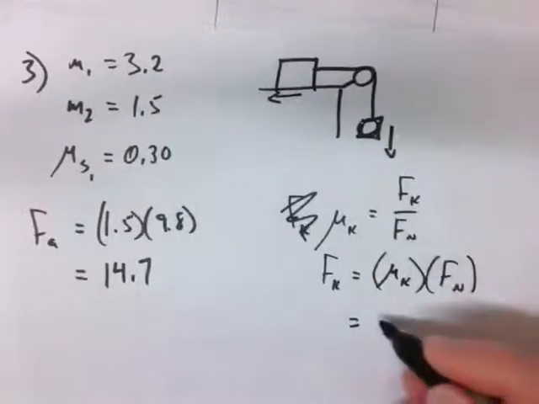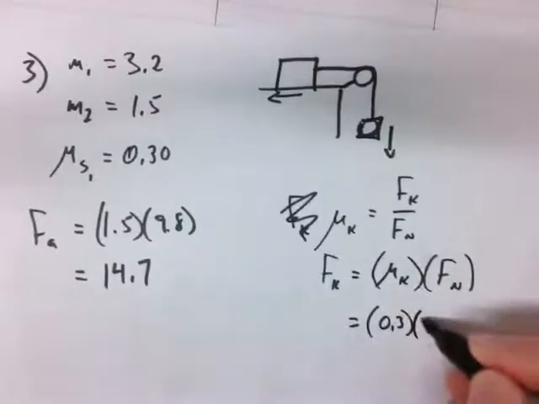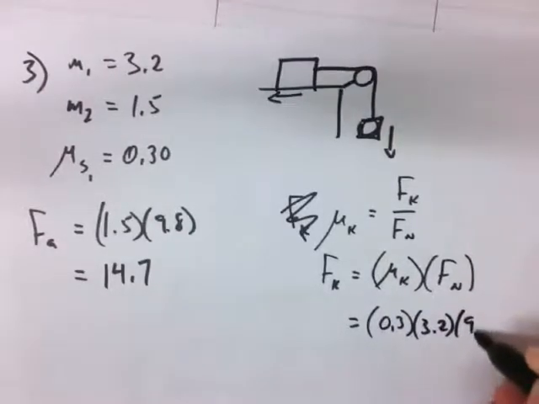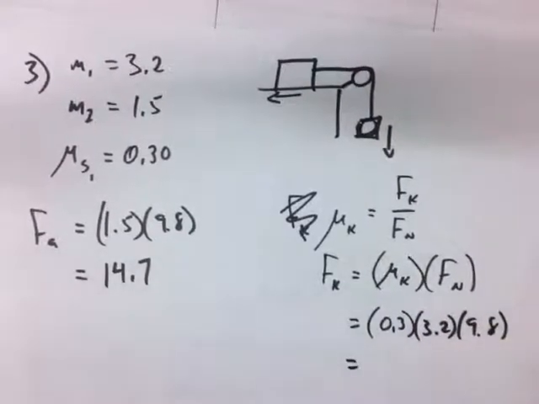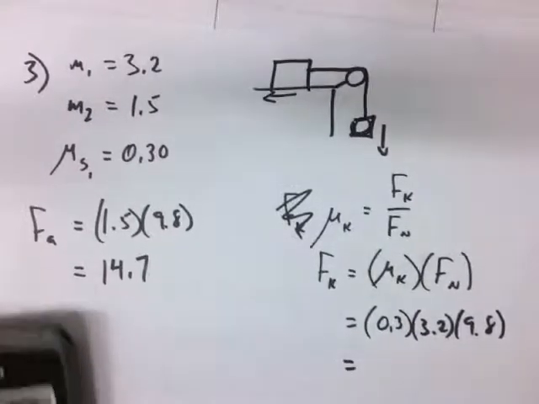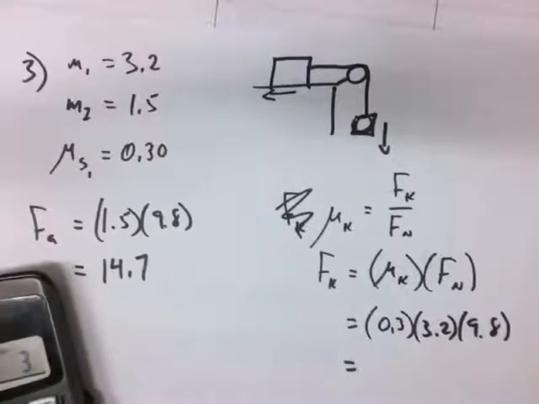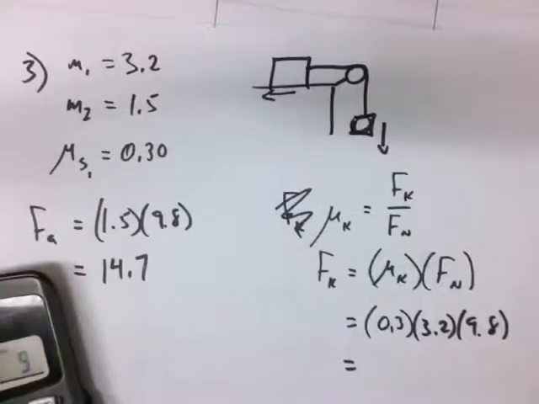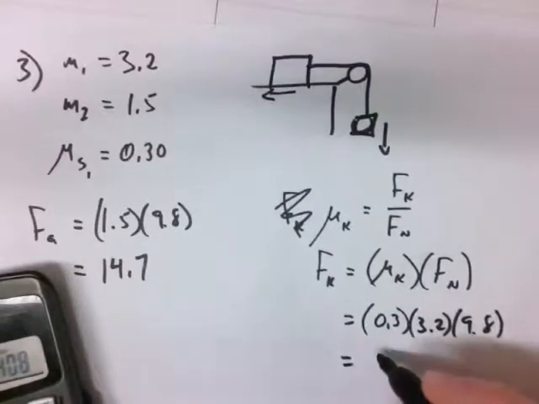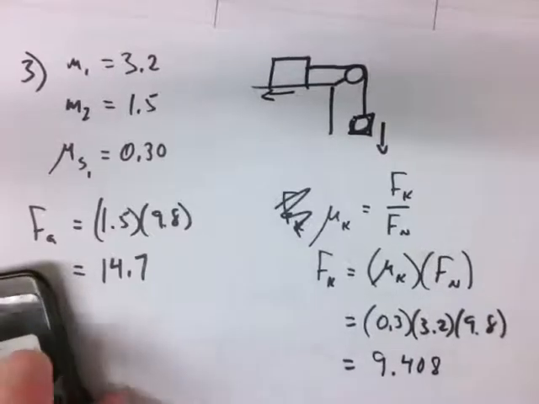So mu k is 0.3. Normal force for the big box is 3.2 times 9.8. So the force of friction, which will be negative compared to this, is 0.3 times 3.2 times 9.8 equals 9.408.